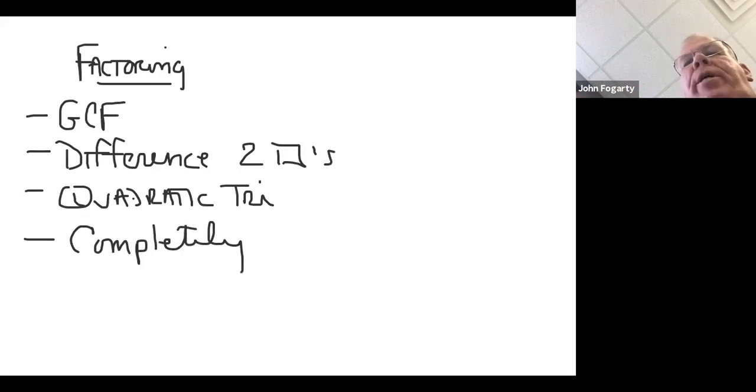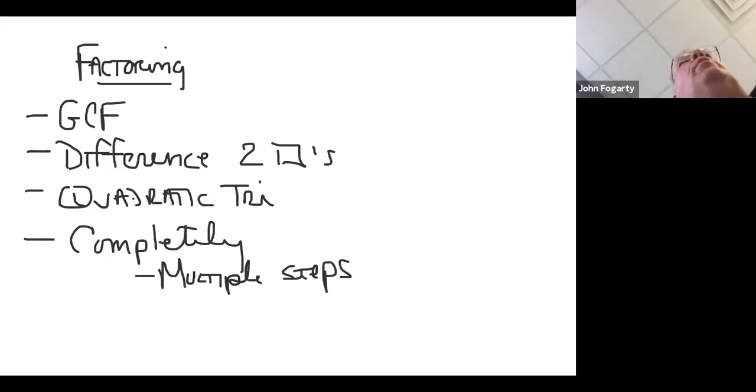And when we say completely, that just means that we're going to do multiple steps. So we're going to say, we should factor this polynomial using this style, and then after you do that style, you realize that one of the factors can also be factored using a different style. So let's remember what it means.